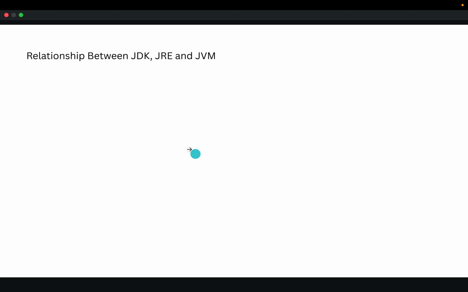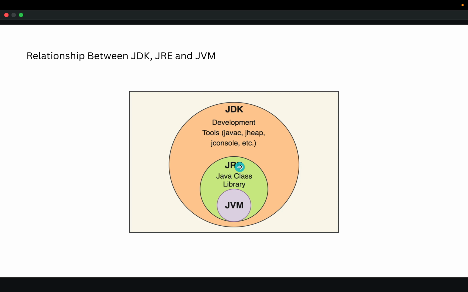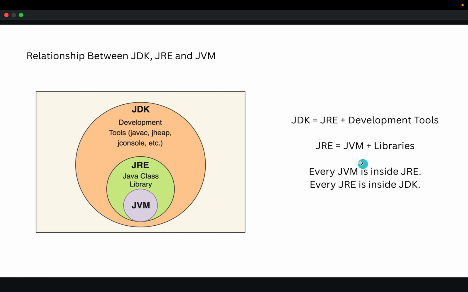What is the relationship between JDK, JRE, and JVM? This is the easiest way to remember. There is a JDK, inside it there is a JRE, and inside JRE there is JVM. Or JDK is equal to JRE plus development tools, and JRE is equal to JVM plus libraries. Every JVM is inside a JRE and every JRE is inside a JDK.